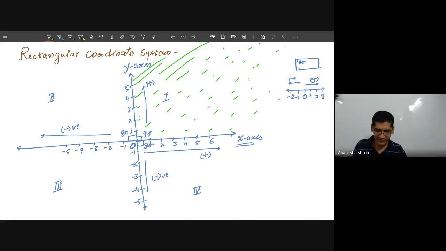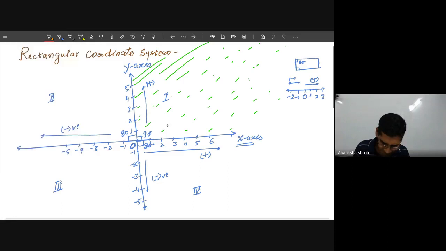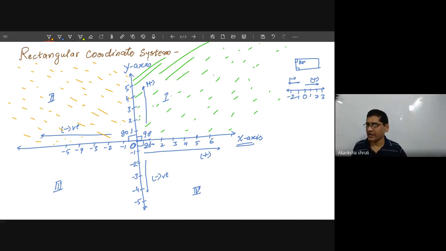That is the first one. What is the next one? Let us take it like this. It is this one, the second rectangle. Whatever we have learned in linear equations, it is the same rectangular system, but here we have to allocate with reference to the point. So it is the second part.